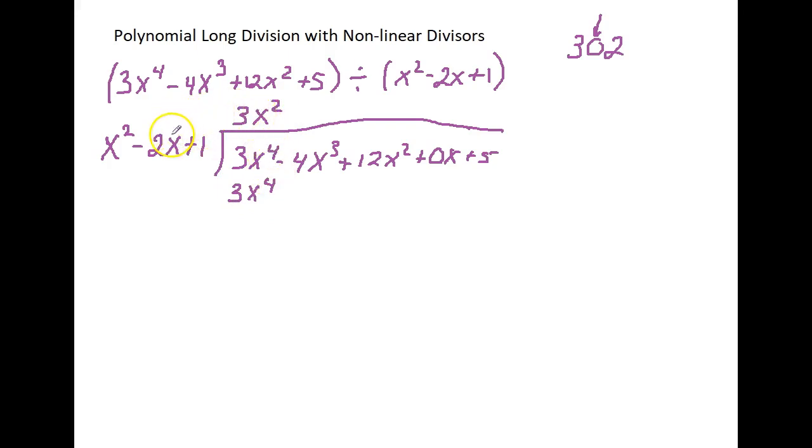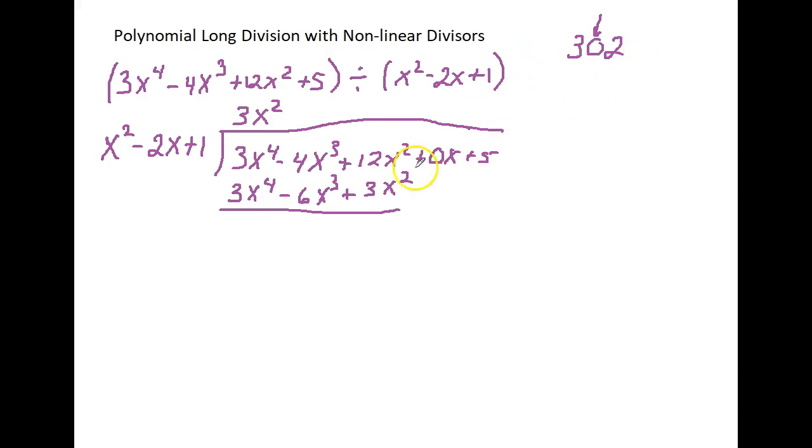So 3x squared times negative 2x gives you negative 6x to the third. 3x squared times 1 gives you plus 3x squared.